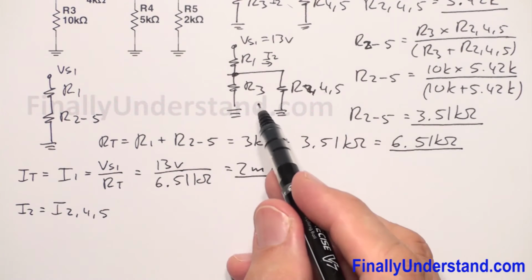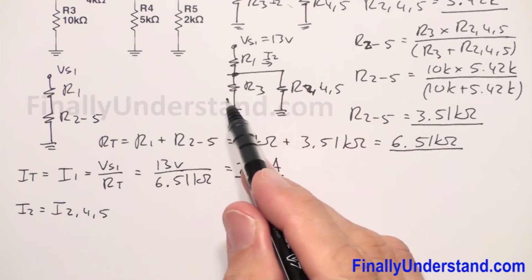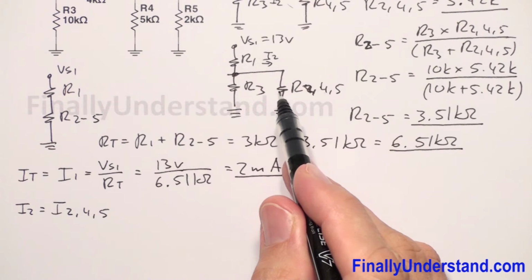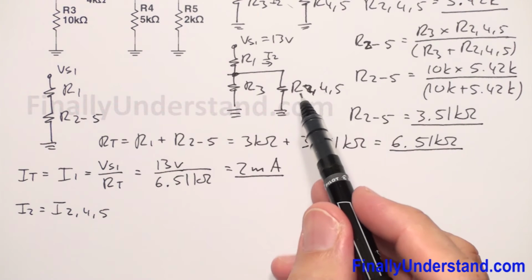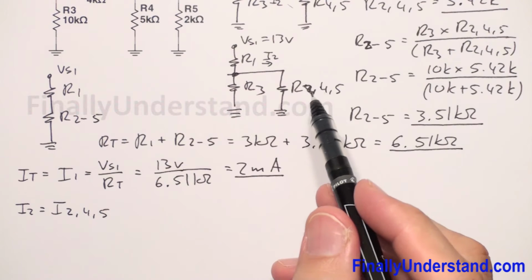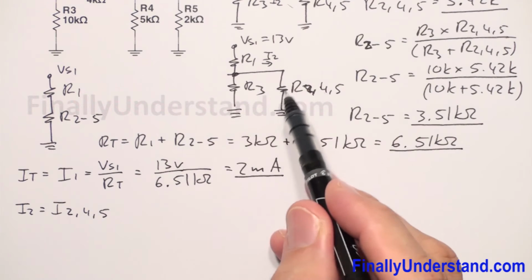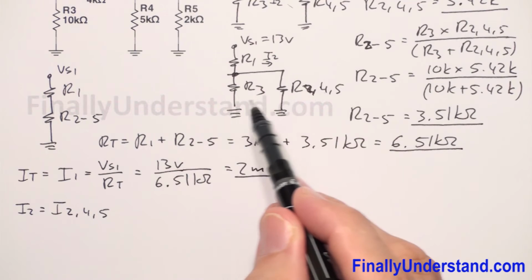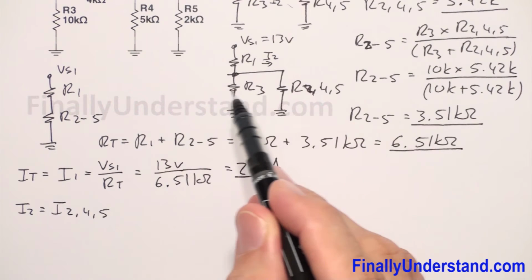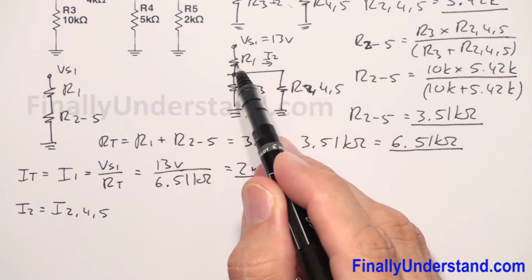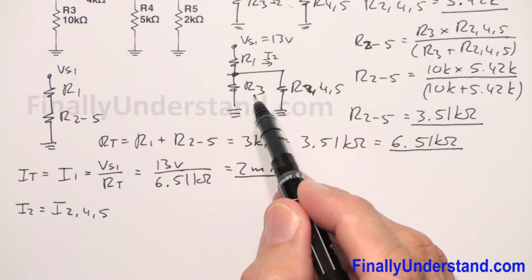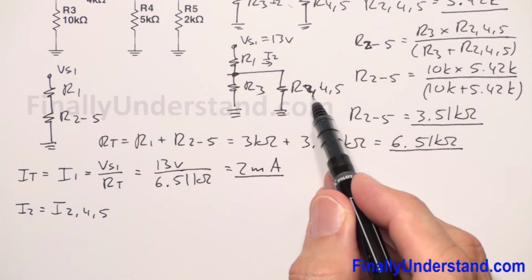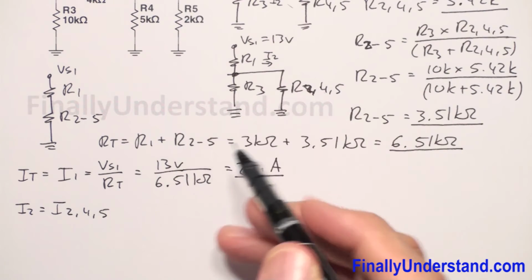So I'm going to look at this circuit, and I'm going to realize that this is nothing else, just the current divider, because this is the parallel circuit. If I know I total and I know resistor R3 and I know resistance R245, I can use the current divider rule.